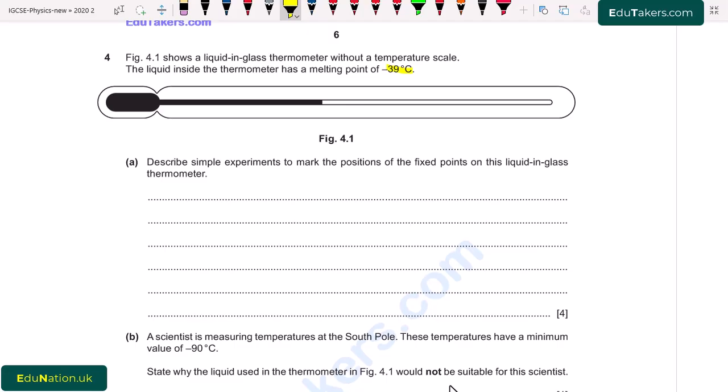Part A describes a simple experiment to mark the positions of fixed points on this liquid in glass thermometer. In the first step, we have to place it into the melting ice.